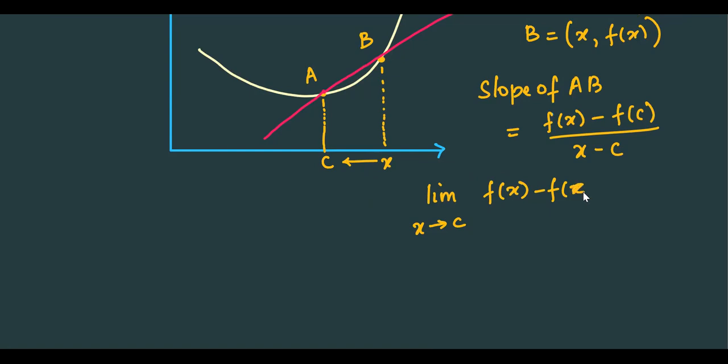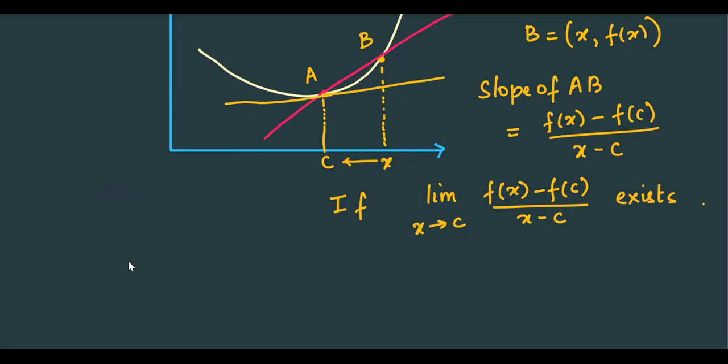So if this limit of f of x minus f of C by x minus C exists, that means the left hand limit is equal to the right hand limit, which means the tangent at A from the right and the tangent at A from the left will both coincide.